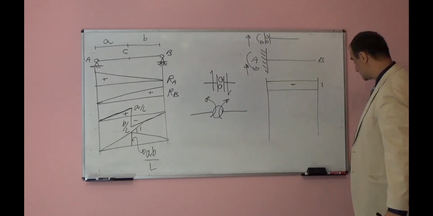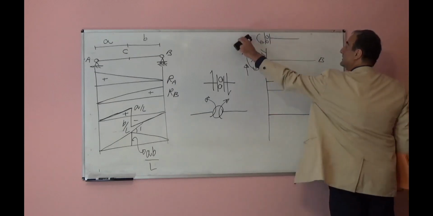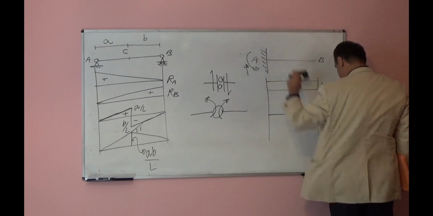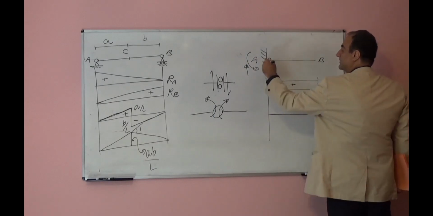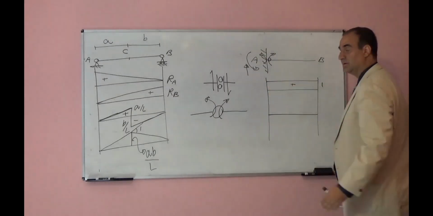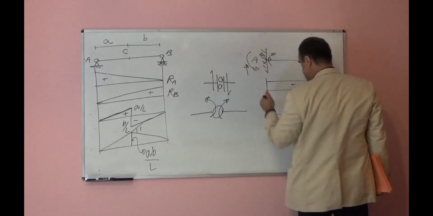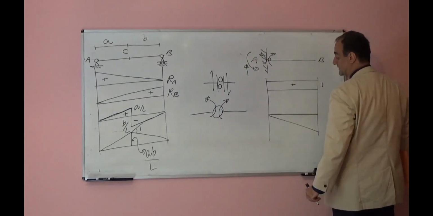If you want to draw the moment influence line at point A, in that case you will put a hinge here and you will apply rotation like this. This side cannot rotate because you attach to the support. This side will rotate, the deformed shape will be like this.